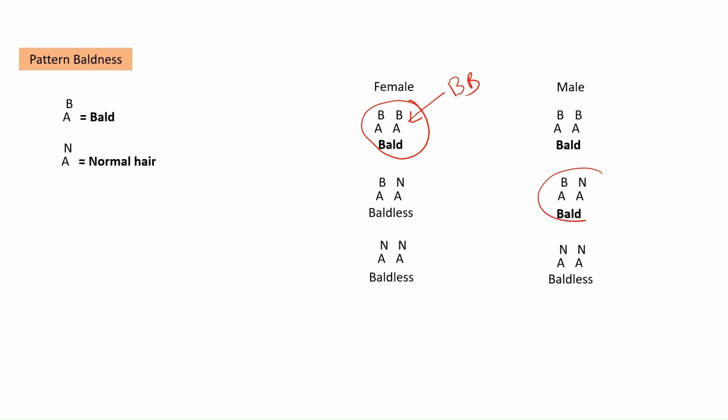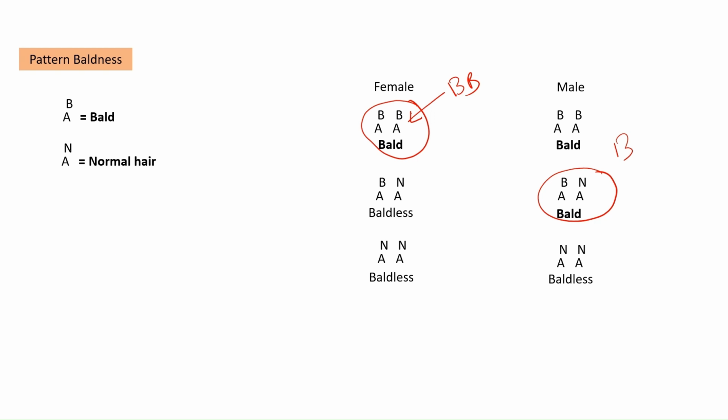Whereas in the case of male, even the presence of one B is sufficient for the expression of the character. So in pattern baldness in humans also, the penetrance is more in male compared to female. For female we need both capital B alleles for baldness, whereas in males even one capital B is sufficient.